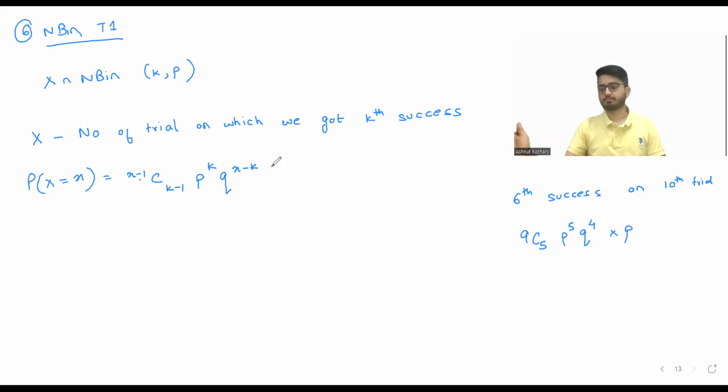And now, can you tell me what possible values can x take? Think about it. How many minimum trials do I need for k successes? Minimum k trials. If I'm asking how many trials we need for the sixth success, you need to at least have performed the trials 6 times.